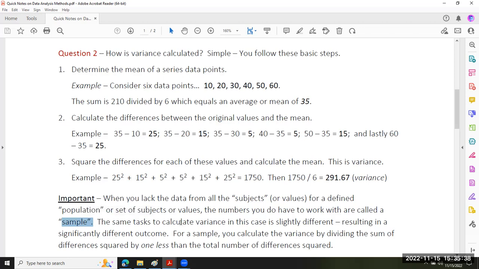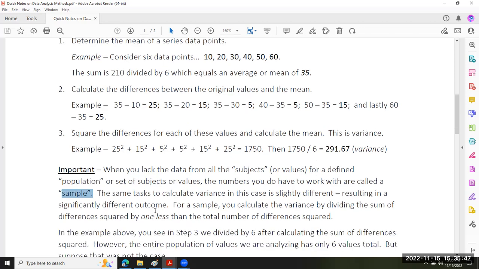And that's important to understand. Statistically, when you're sampling, there are limitations to what you can conclude when you're working with a sample instead of an entire set where every single data point is included.